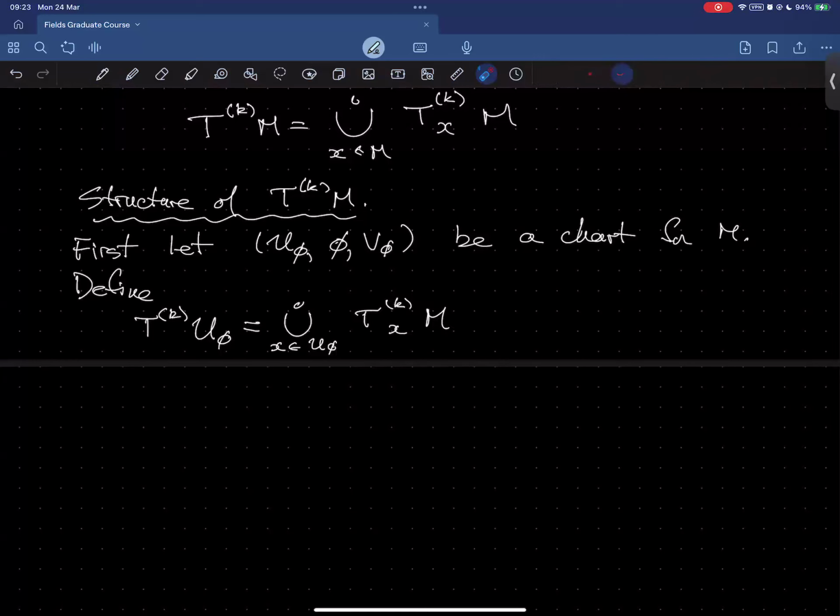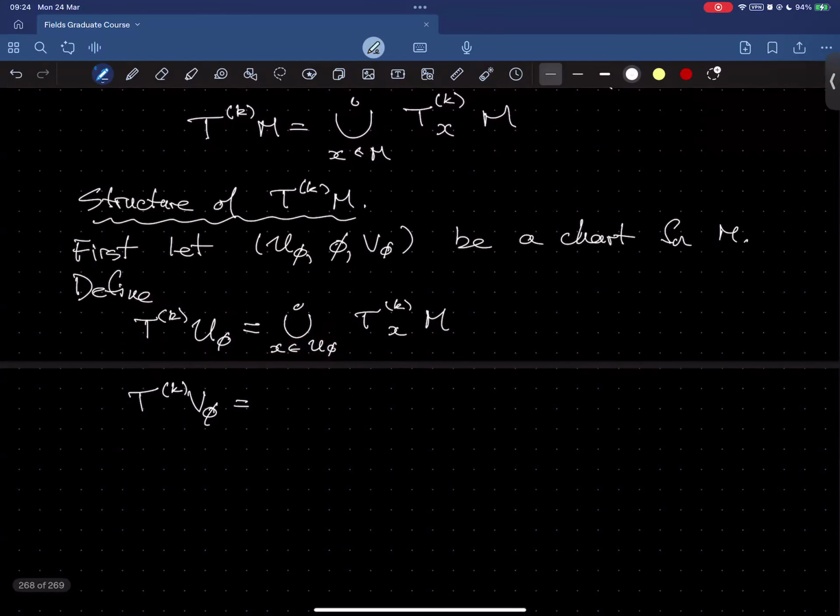So we denote by T^k U_phi the collection over U_phi of all the higher kth order tangent spaces at these points. T^k V_phi is going to be the k plus one fold product of V_phi, so V_phi to the k plus one.